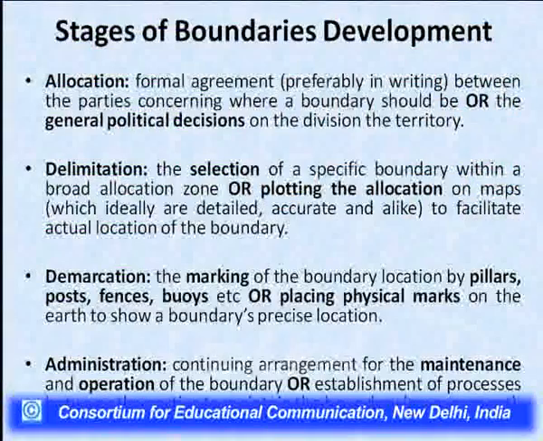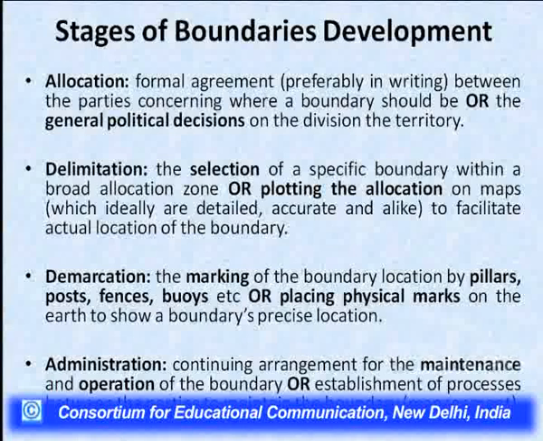First we allocate where the boundary should be, because this is the general political decision of where a particular boundary should be. Second one is delimitation of the boundary. Delimitation is the selection of a particular zone, a particular region where the boundary should be delimited.